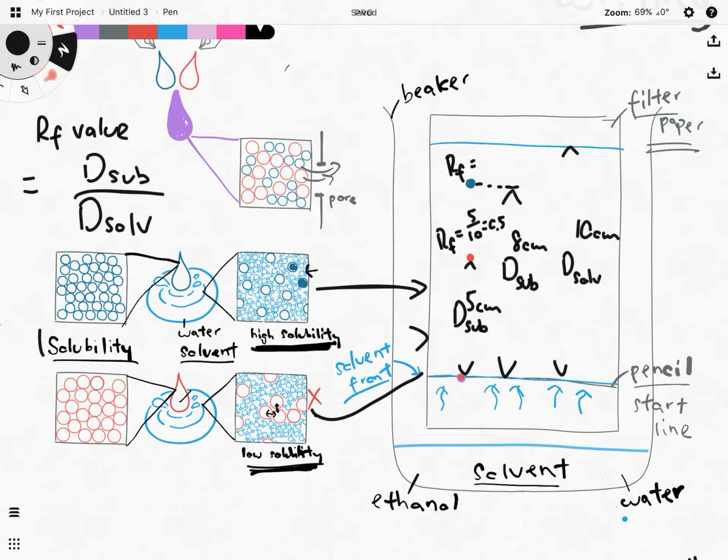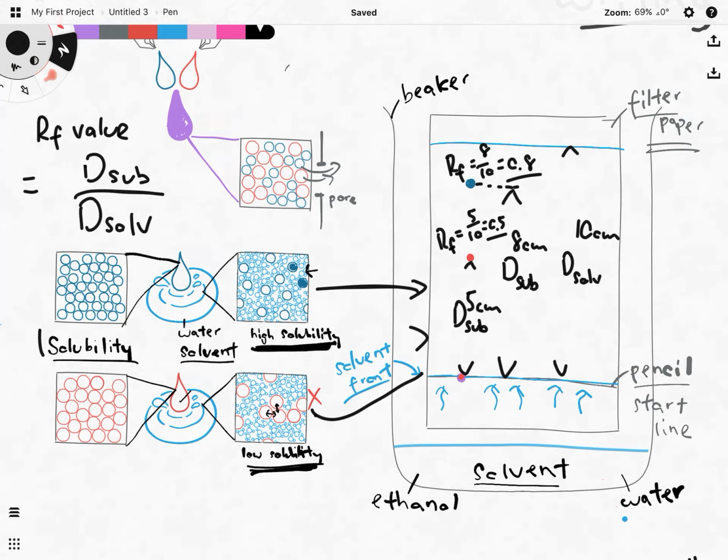What's the RF value of the blue ink? It is 8 divided by 10, and I get 0.8. And so you see, the higher the solubility of a substance, the higher the RF value. The lower the solubility of the substance, the lower the RF value.